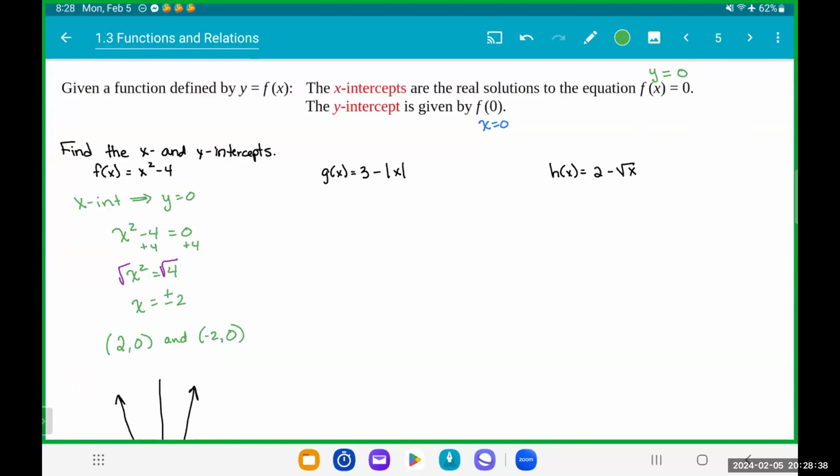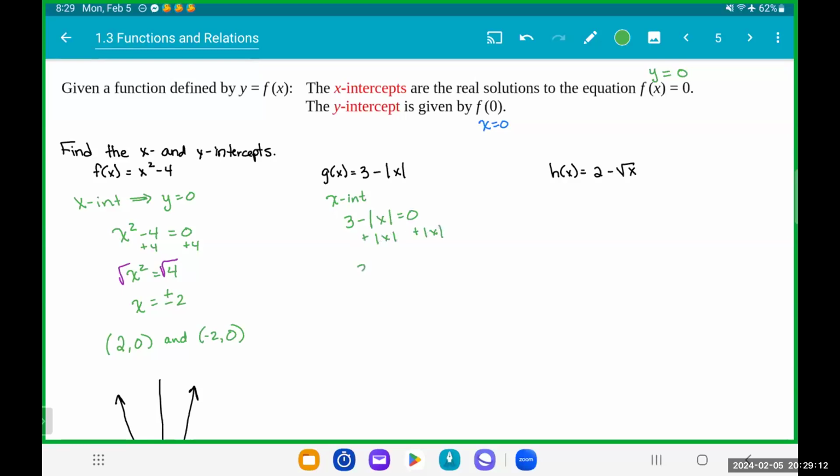So this next problem, we have that g of x equals 3 minus the absolute value of x. So when we're looking at our x-intercept, again, we're doing y equals 0. So we have 3 minus the absolute value of x equal to 0. We can add the absolute value of x to both sides.